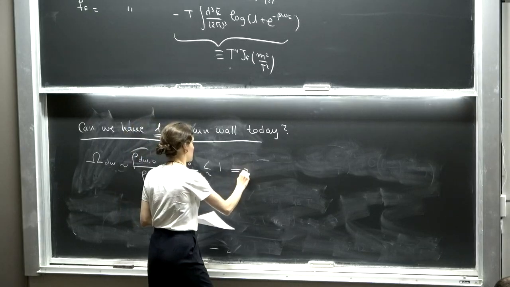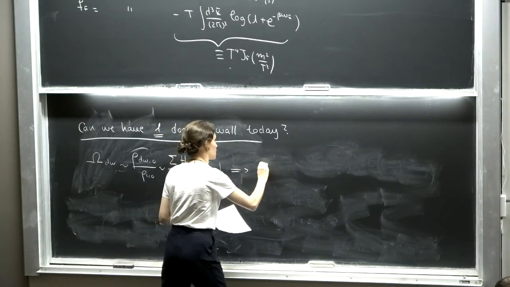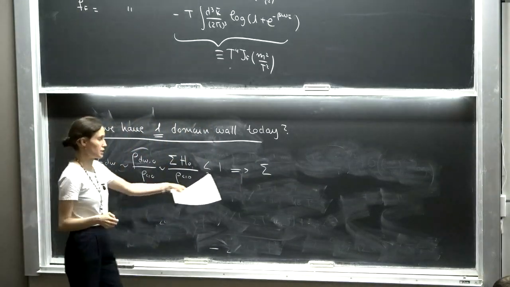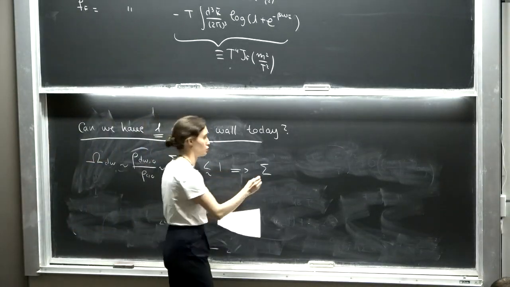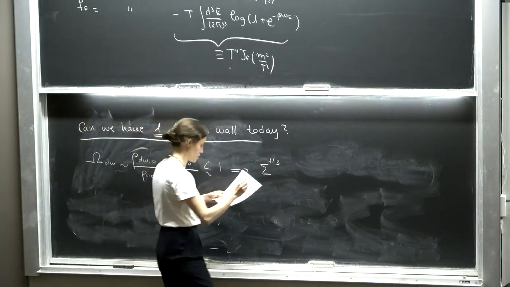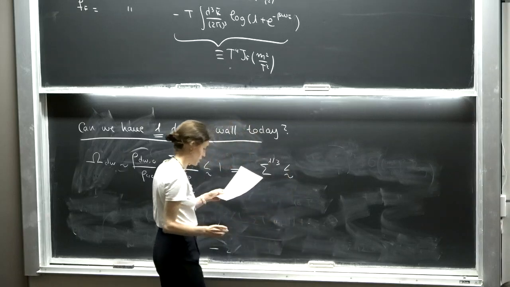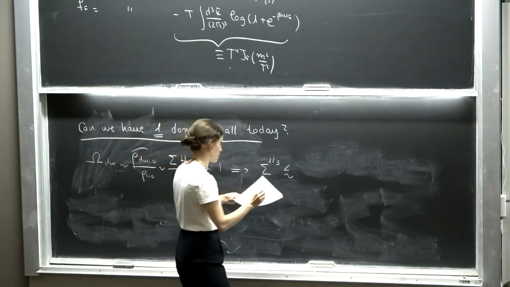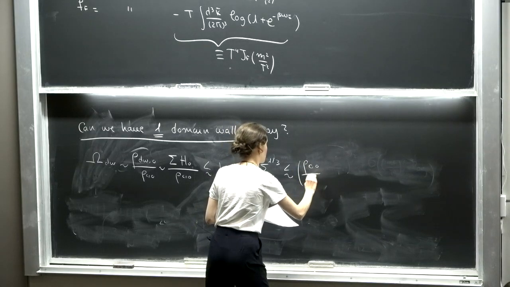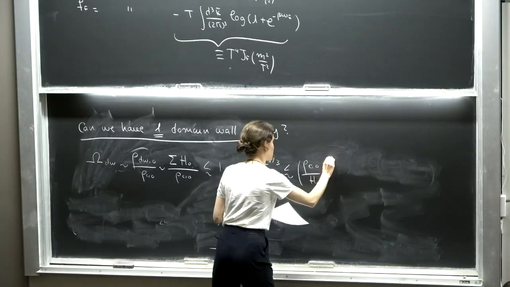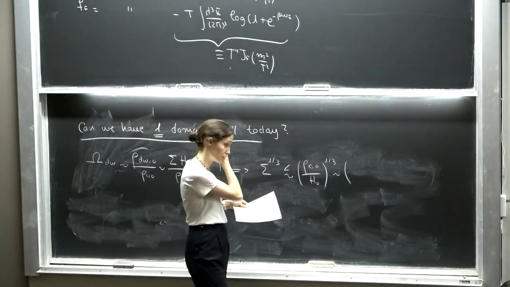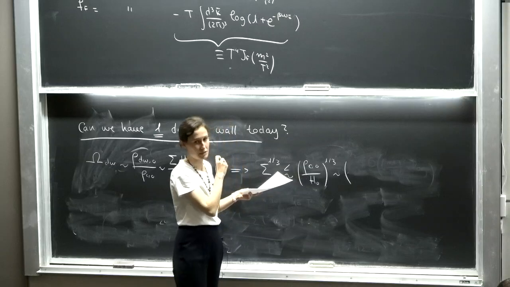And for this to be the case, the typical energy scale of this domain wall, since sigma has dimensions of mass cubed, let me just take the 1/3 power of this. This has to be smaller than the critical energy density over Hubble to the 1/3. The critical energy density today, what is it?